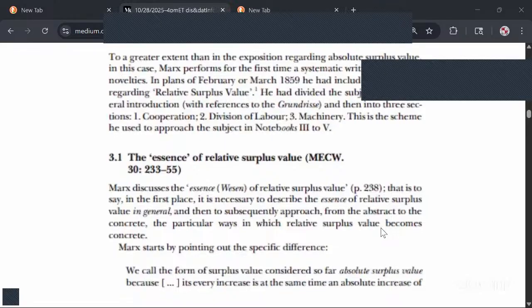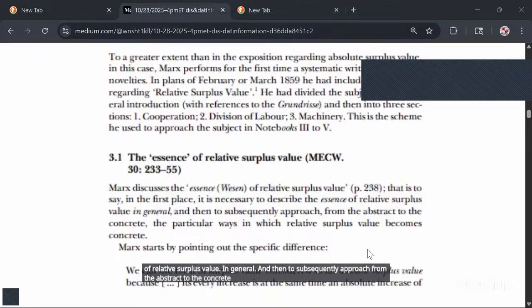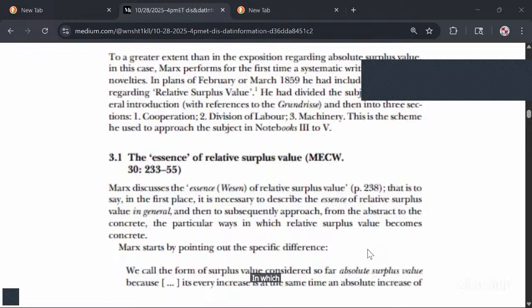Marx discusses the essence of relative surplus value. That is to say, in the first place, it is necessary to describe the essence of relative surplus value in general, and then to subsequently approach from the abstract to the concrete the particular ways in which relative surplus value becomes concrete.